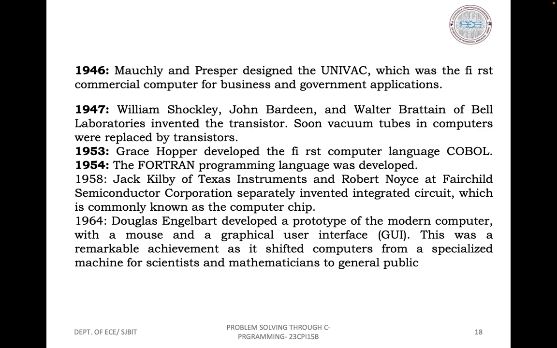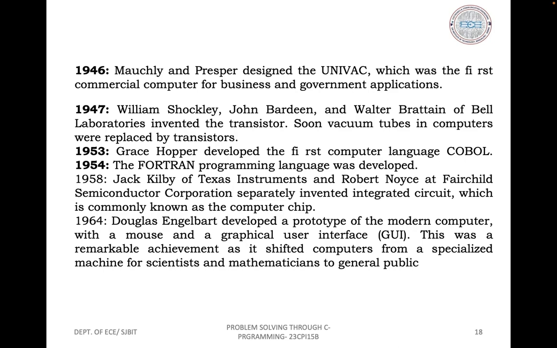In 1946, Mauchly and Eckert designed the UNIVAC, which was the first commercial computer for business and government applications. In 1947, William Shockley, John Bardeen, and Walter Brattain of Bell Laboratories invented the transistor. Soon, vacuum tubes in computers were replaced by transistors.